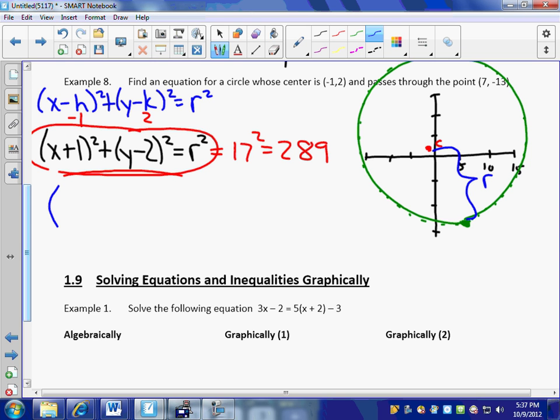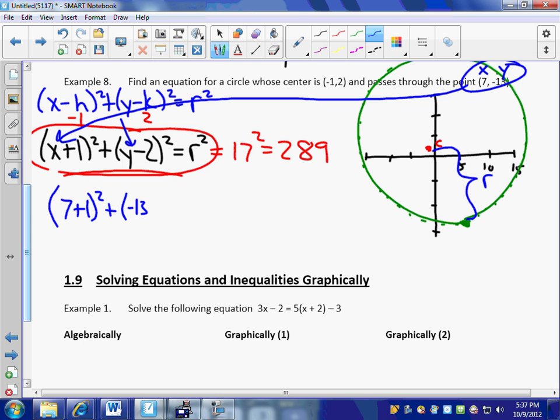We use my x and y values as 7 and negative 13 up here, and we just plug them in. So instead of doing all that work, I could do (7 plus 1) squared plus (negative 13 minus 2) squared is equal to r squared. Or 8 squared plus negative 15 squared is r squared, and it came up with 289 is equal to r squared. So either way we can get the 289, whether you use the distance formula or the circle way that it's written, either way you should come up with the right answer.